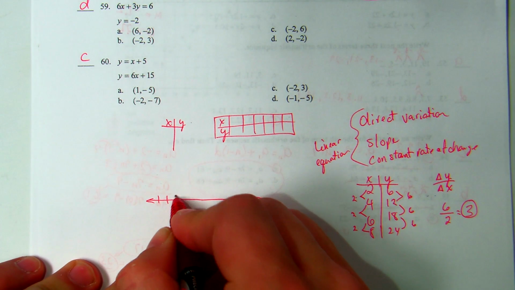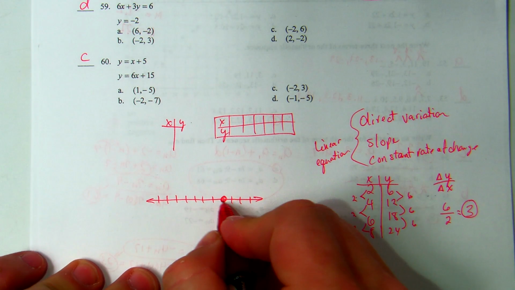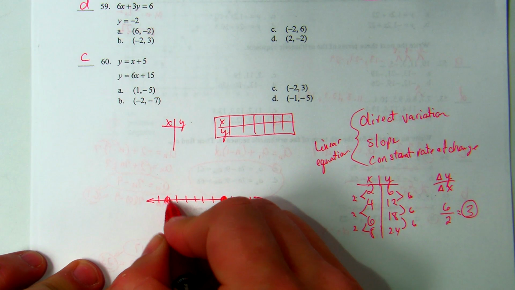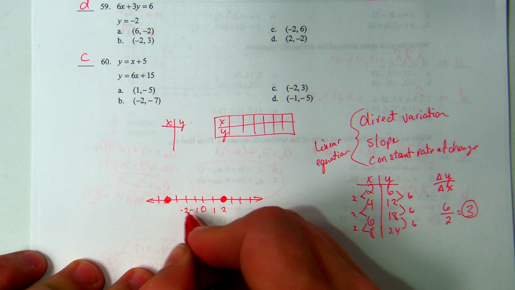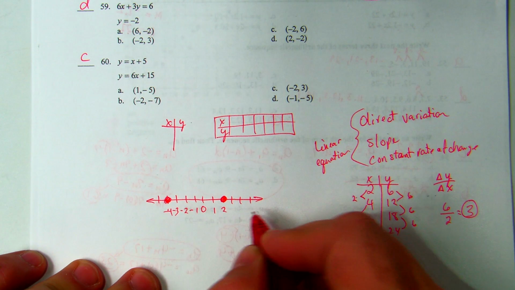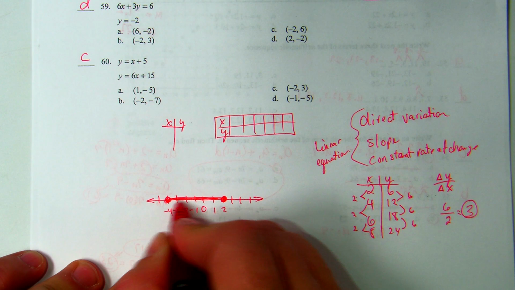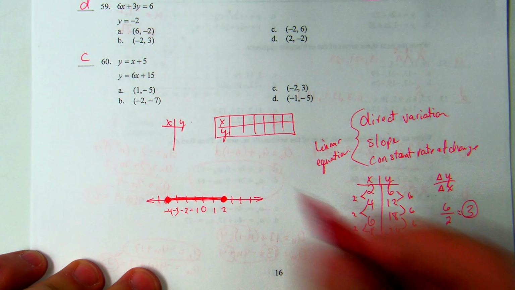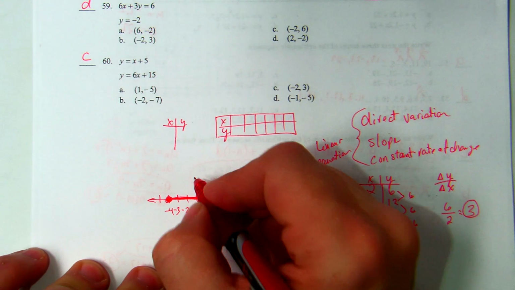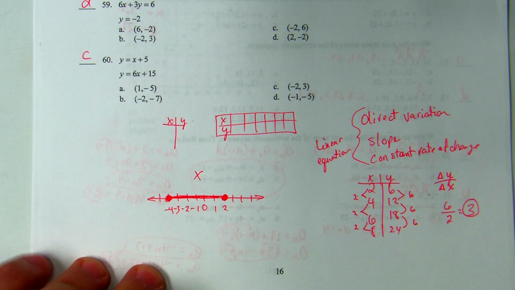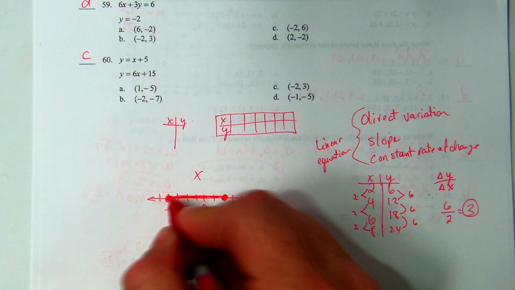If you've got inequalities graphed on a line, and let's say you have a solid dot here, a solid dot there, and this is 0, 1, 2, -1, -2, -3, -4, and it's shaded between those two dots. Okay? How do I write that inequality? This is x, and x has to be between two values.